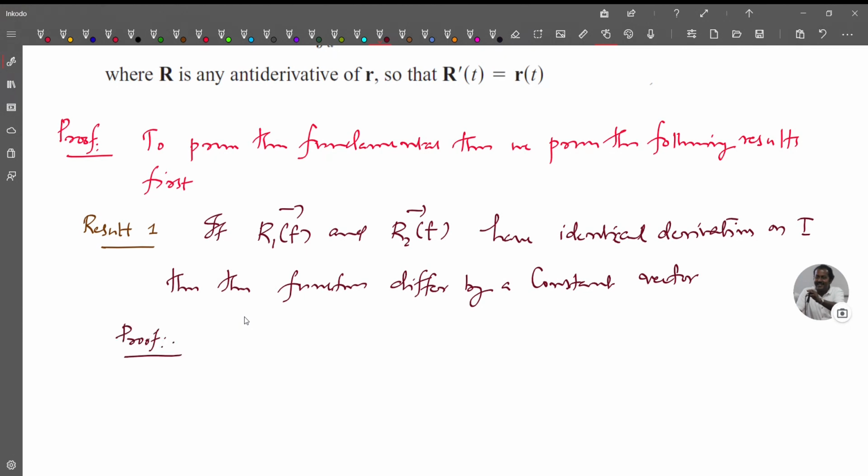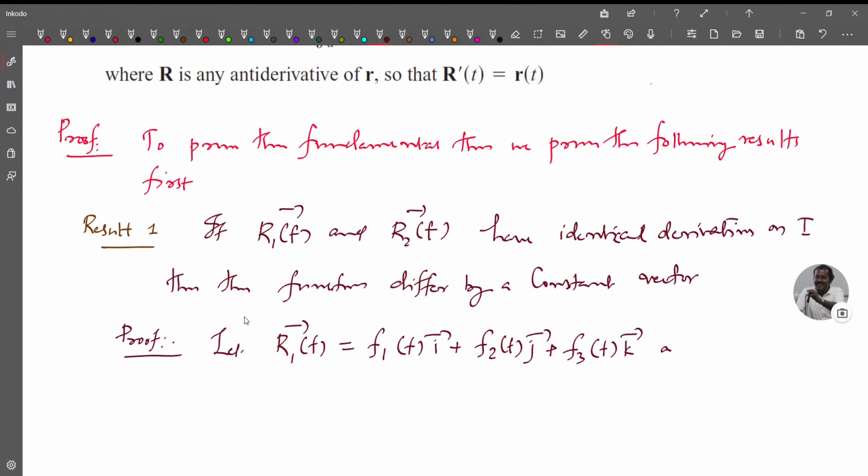Proof. Let r1 of t equal f1 of t i plus f2 of t j plus f3 of t k, and r2 of t equal g1 of t i plus g2 of t j plus g3 of t k.